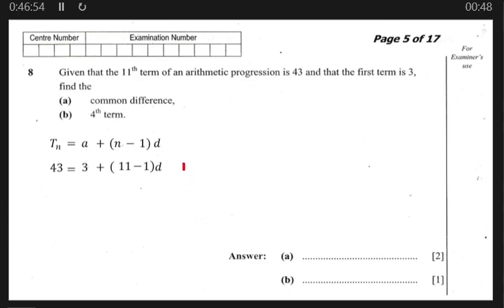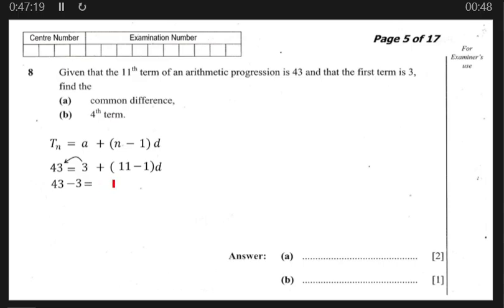So when you have an equation like this one, what do you do with it? You collect like terms. You have this term which has a D, and you have this term which is just a number. So this will go to the other side because these are just numbers. When it crosses, it becomes 43, and this one becomes minus 3.